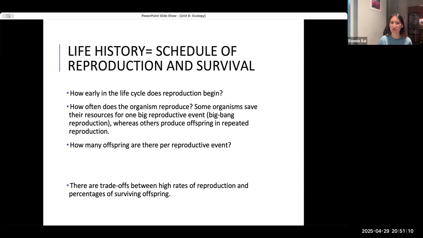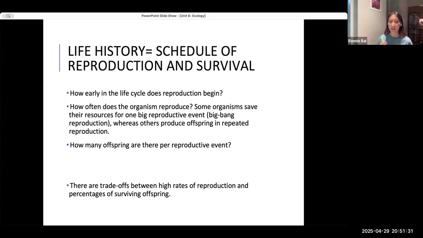How many offspring are you having per reproductive event? These are considerations that go into how fast a population grows under ideal conditions, but also what's natural for different species.